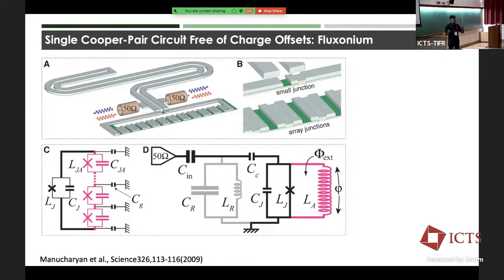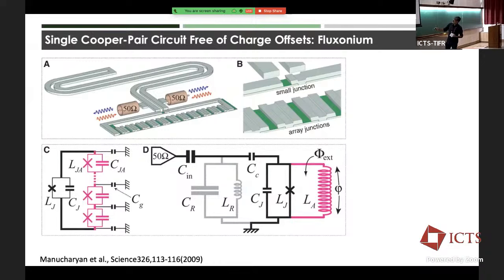a Josephson junction provides an inductance. But if you need a large inductance, you need a junction with a very small area. That's not a great idea here, because then it'll start affecting the properties of your qubit. So instead, what you do is you make an array of Josephson junctions. This circuit here shows that this part, the small junction and the capacitance, is here.